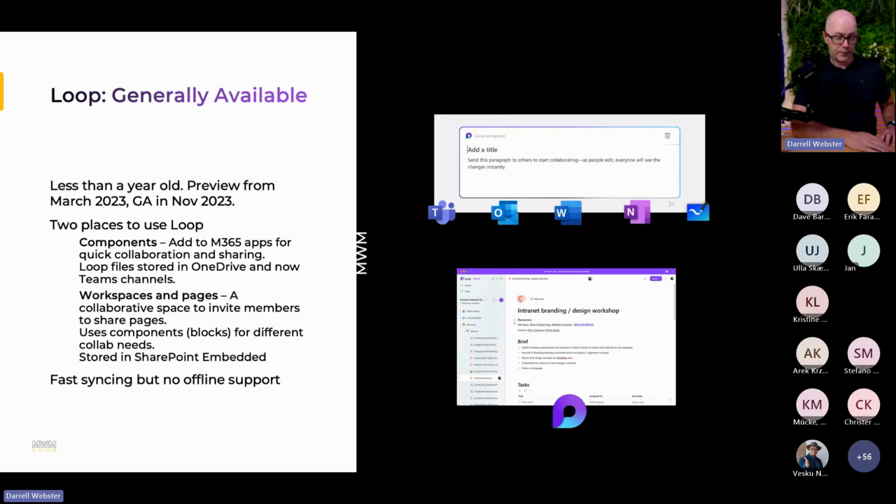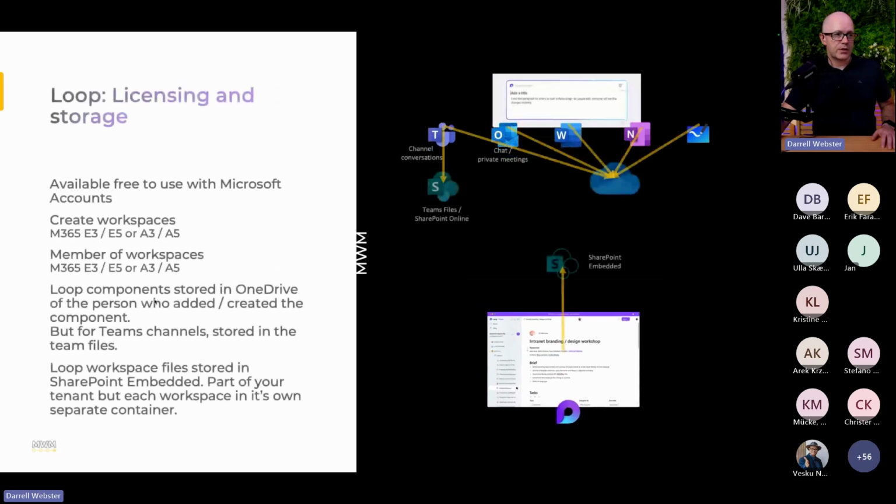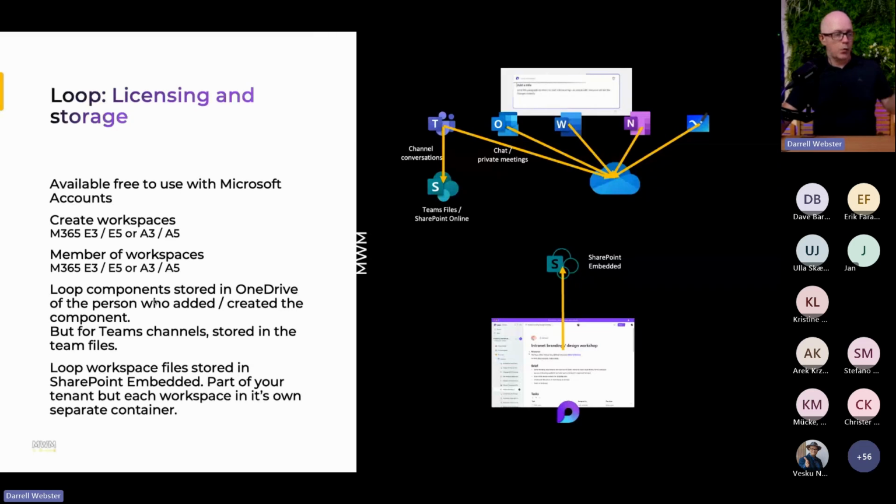Loop has very fast synchronization, and if I'm comparing the two, OneNote and Loop now, Loop is certainly a faster syncing experience. I still have a few issues with OneNote, which I think is a hangover from the Windows 10 kerfuffle.